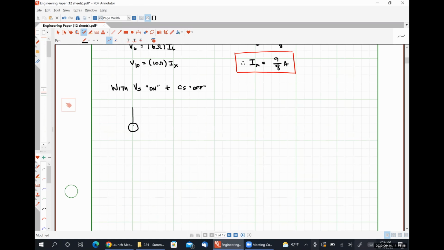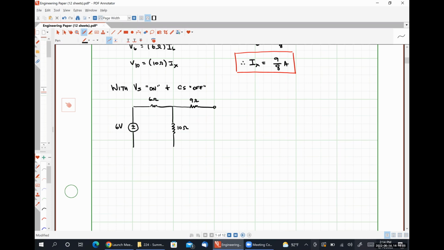So this new circuit will look like this, where we have our 6-volt source, our 6 ohm resistor, our 10 ohm resistor, our 9 ohm resistor, and the superposition principle tells us that we turn off an independent current source by replacing it with an open circuit.